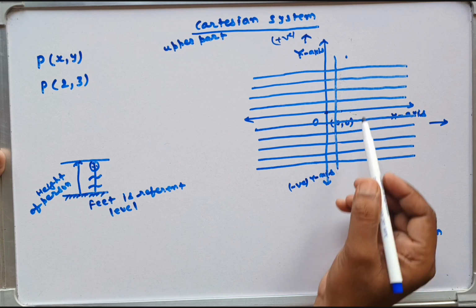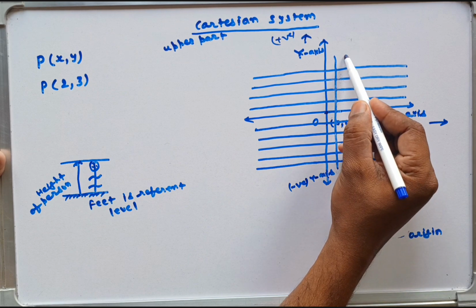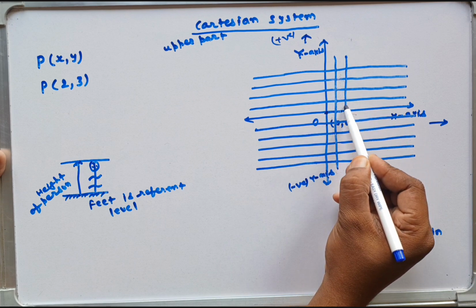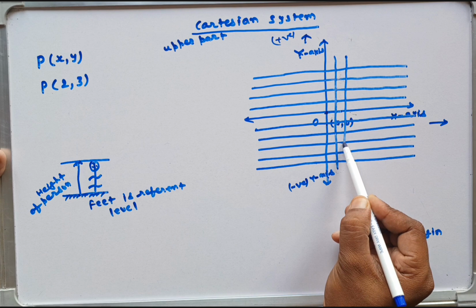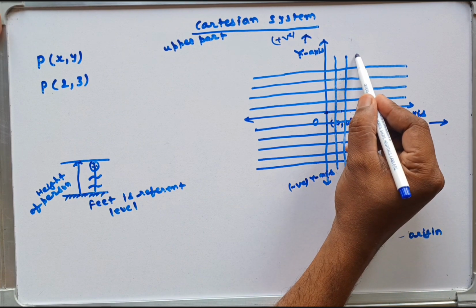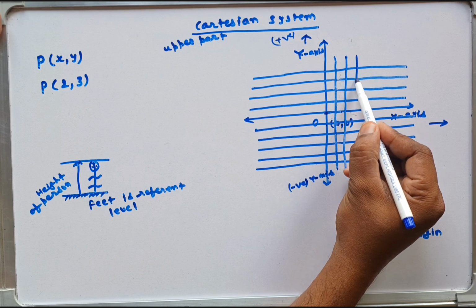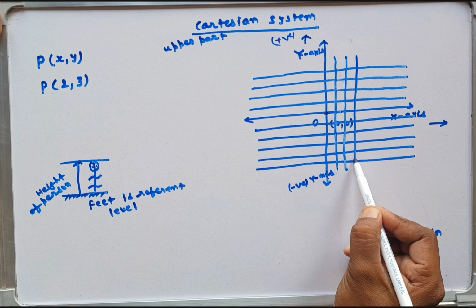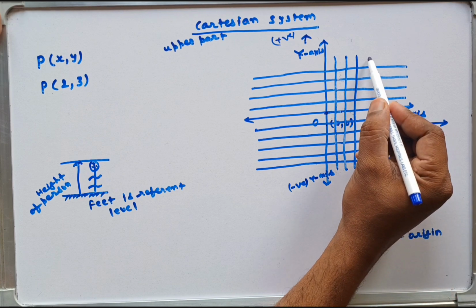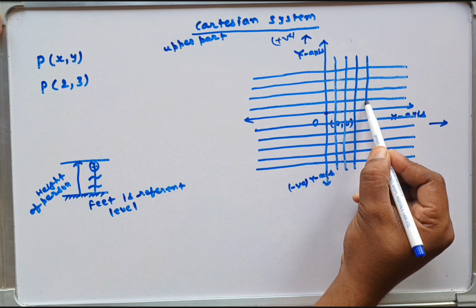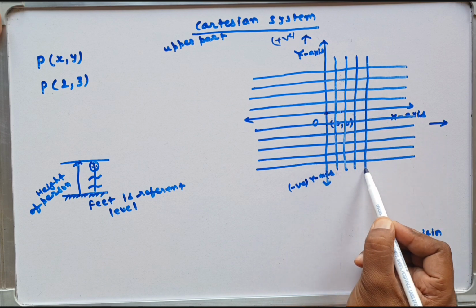See here, I am also forming many squares. See, all these vertical lines are parallel to the y-axis and forming squares, like this.